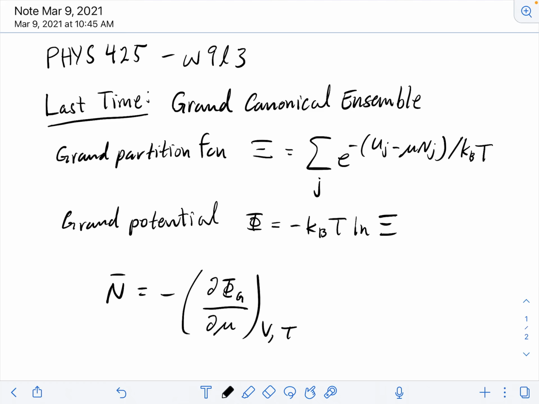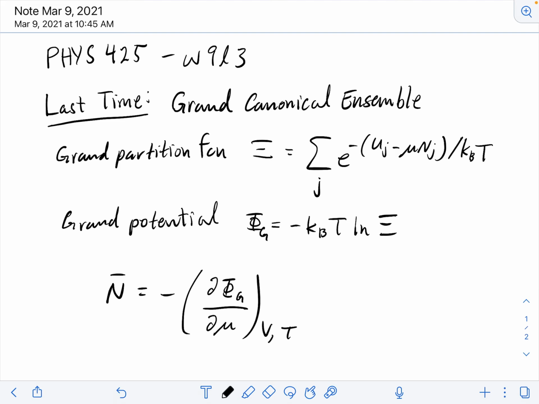And what we calculated was the grand partition function, and so it involves a sum over all quantum states, and we could have different energies and different particle numbers. The grand potential is minus kBT times the ln of this grand partition function, and it's useful because we can use it to calculate thermodynamic properties.